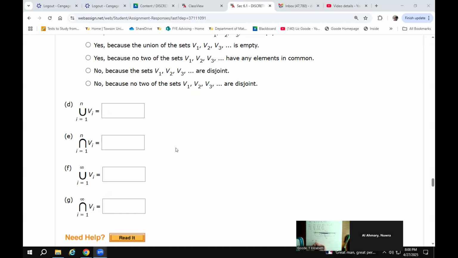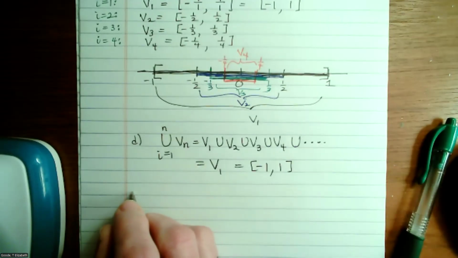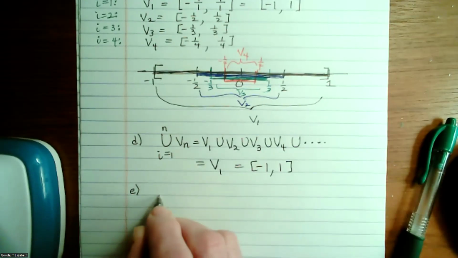That's right. The union from i equals 1 to n of the V sub i is V1, because all the other ones are tucked inside V1. So it should be negative 1 to 1. Whereas the intersection would be negative 1 over 4 to 1 over 4 inclusive.